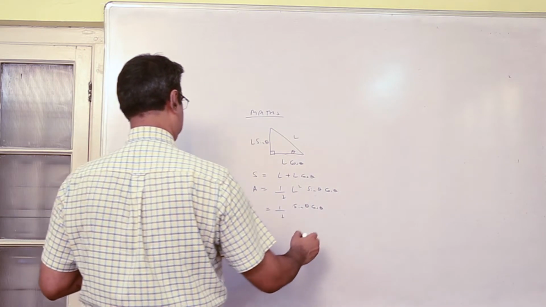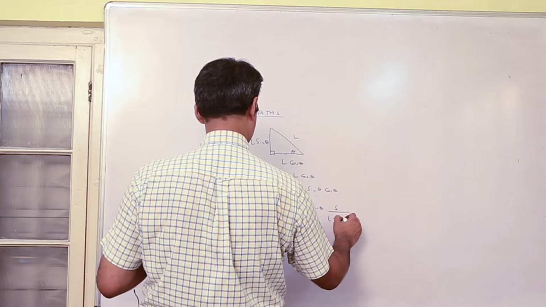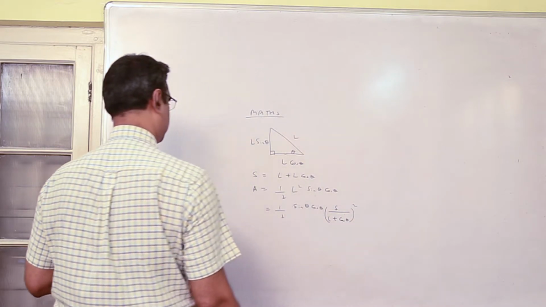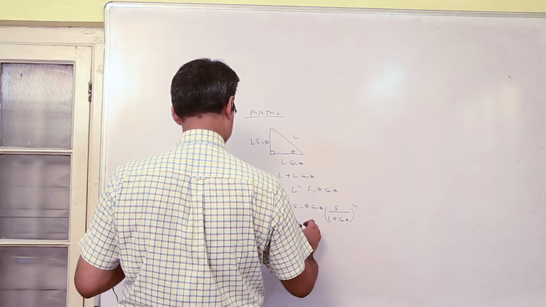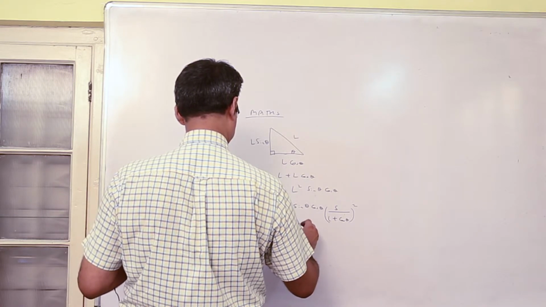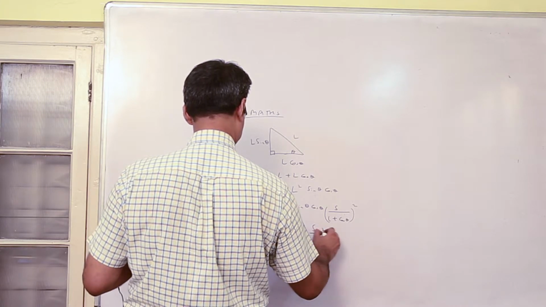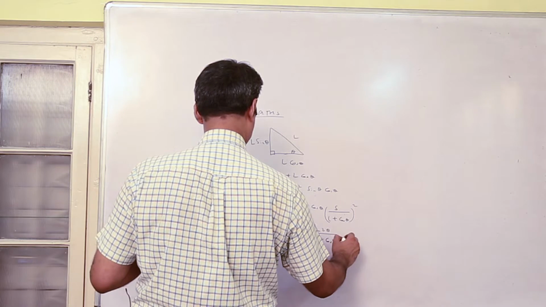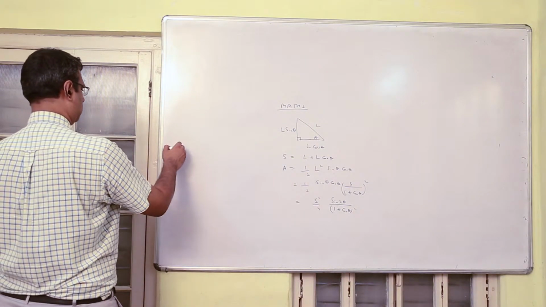So instead of L square, you can write S by (1 plus cos theta) whole square. So this is the expression for area.